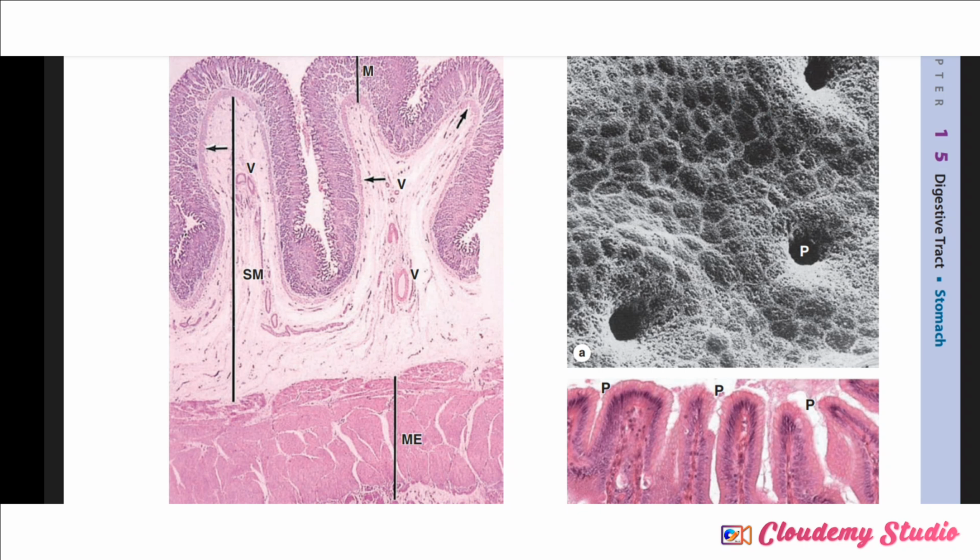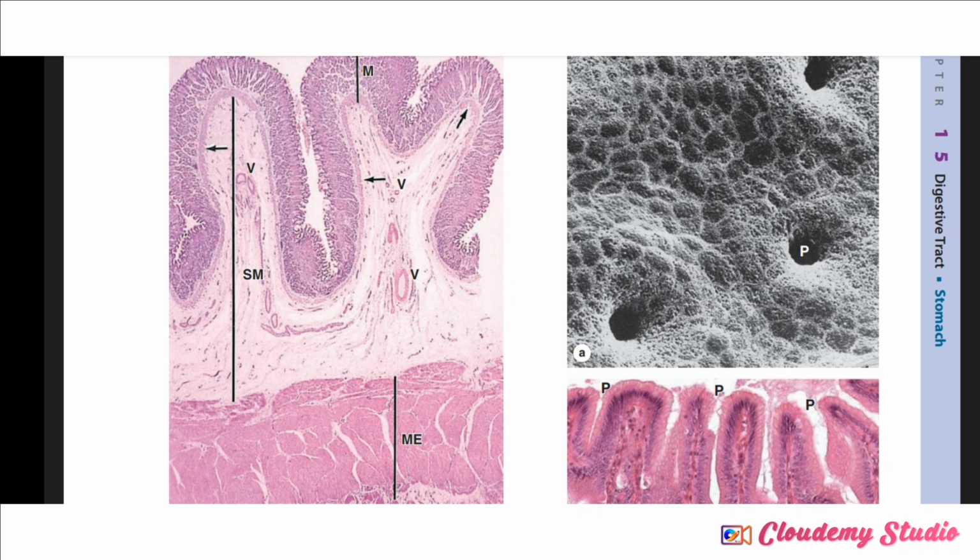They call it fold or rugae. This rugae is found in an empty stomach, that is the stomach that you have not fed. It's like a fold, which disappears once the stomach is distended. So this is a histological layer of rugae.